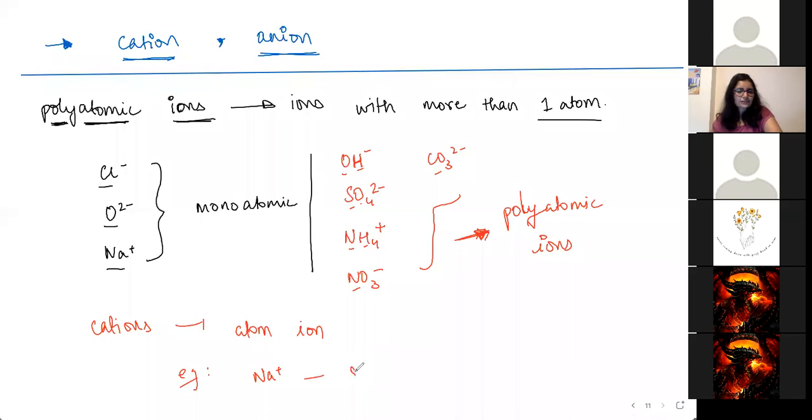Na is sodium, and if ionized, it's sodium ion. And similarly, what will you call Ca2 plus? If it's a cation, it's just the atom's name and add ion to it. So Ca2 plus is calcium ion.